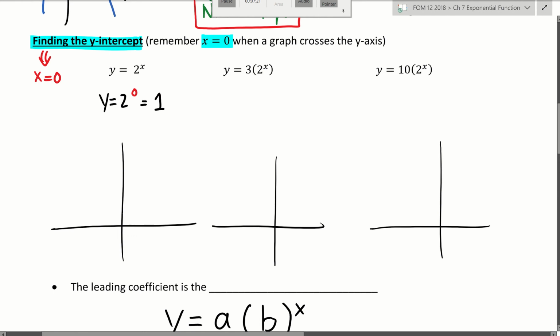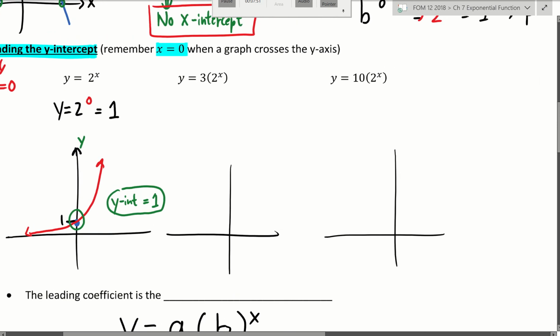So our function is simply crossing that 1 and increasing like this. Okay, so that's our y-intercept. The y-intercept is the point on the graph where your function crosses the y-axis. So the y-intercept is 1. Okay, so it's touching 1.